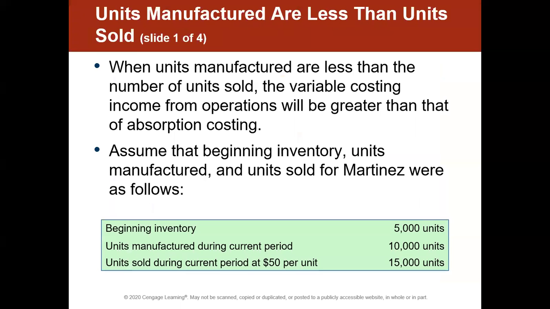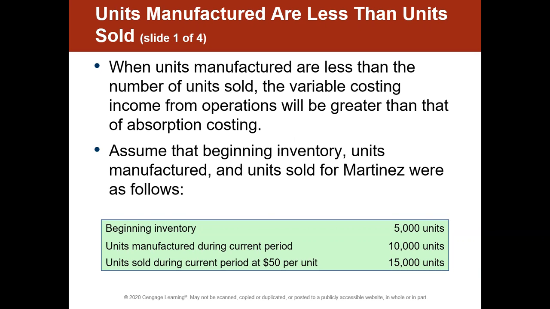All right, what happens if the units we manufacture are less than the units sold? Sometimes, if we already had units sitting there and then we manufactured a certain number of units, we might sell all of the ones we manufactured during this period, plus some of the ones that were sitting there before.